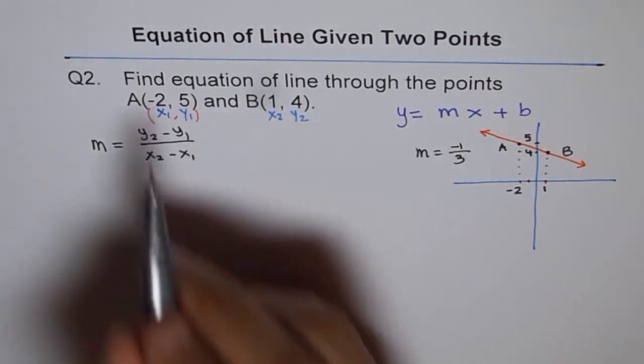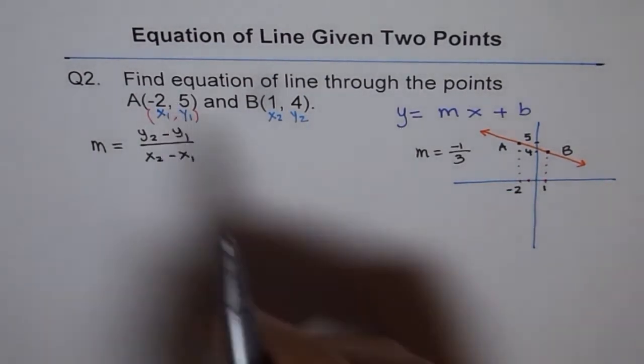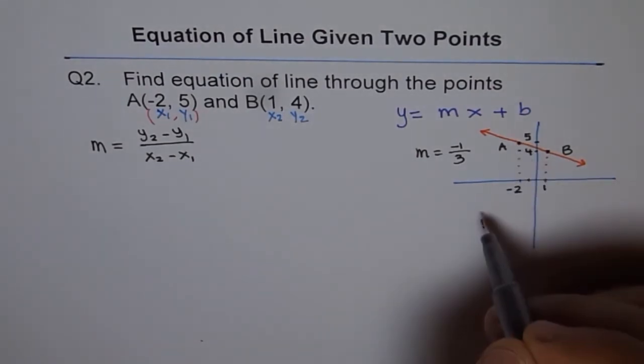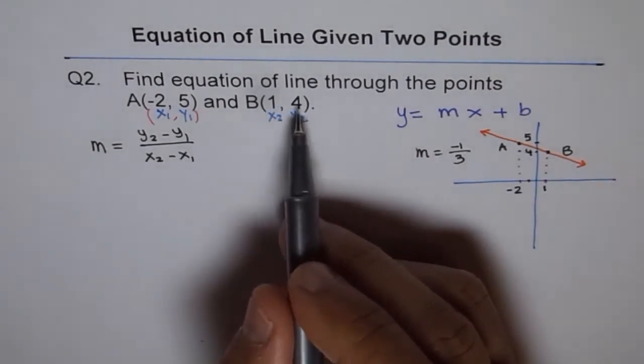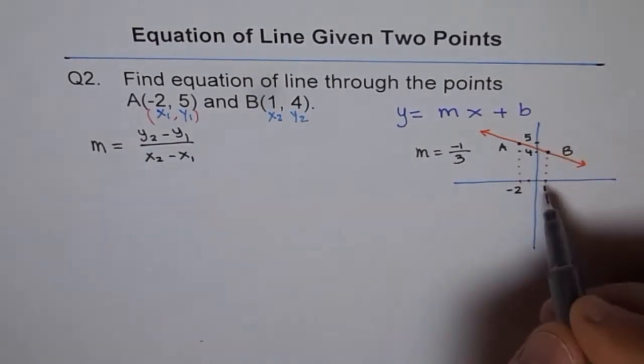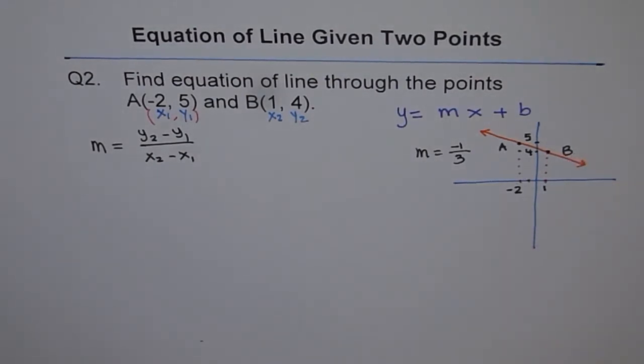Minus 2 is the x, horizontally, and the y coordinate is 5, vertical. For B, (1, 4), you move 1 unit in x, and 4 units up to get to point B.